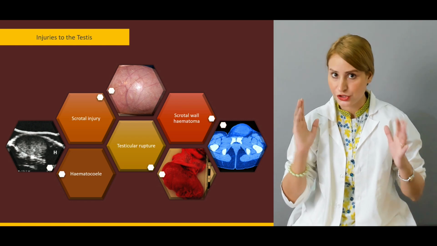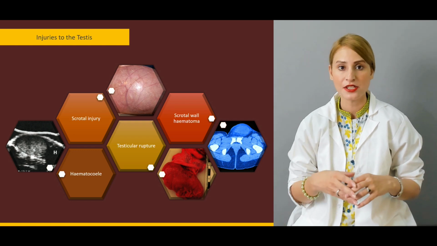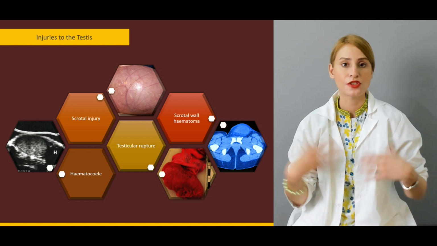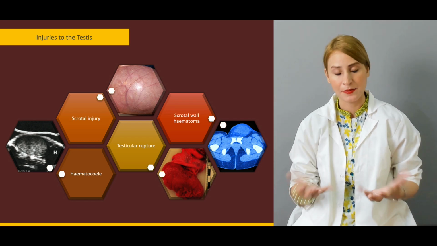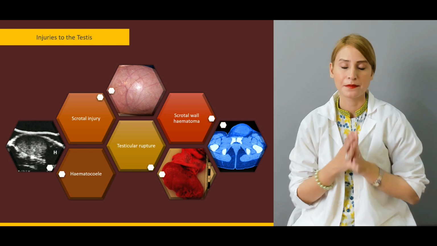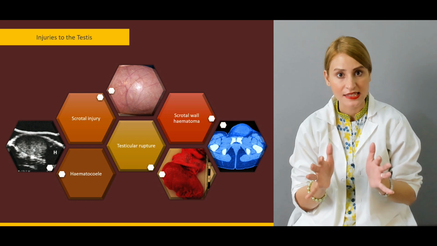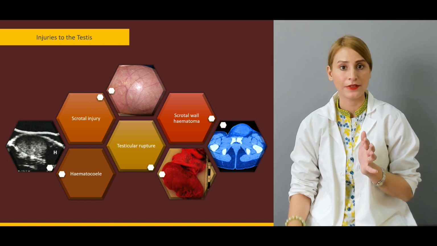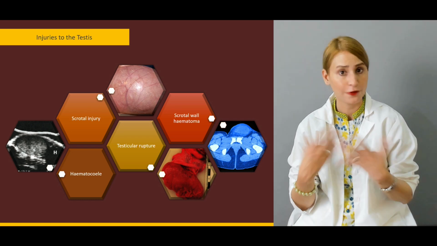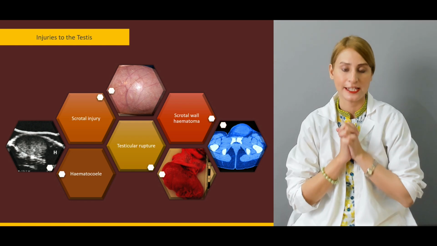And when you're sure that it's a hematocele or a scrotal wall hematoma, you should always go for hematoma aspiration, right? Because sometimes in the later stages the scrotal hematoma organizes itself, it is not that much fluid in consistency, and you have to go for surgical exploration.